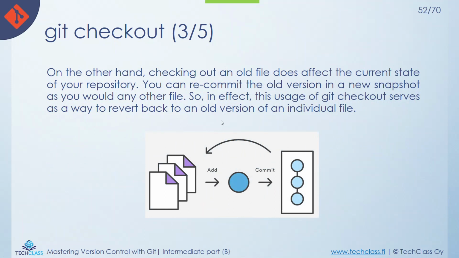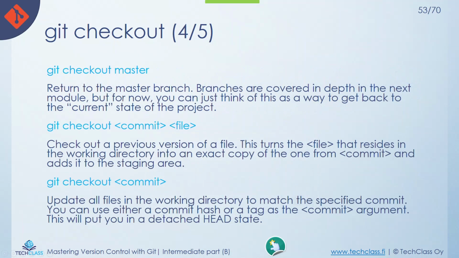And now let's talk about checking out files. When we check out files, we are bringing back a previous edition of that file. In that way, we are changing the current state of our repository. Here are different options that we can use.